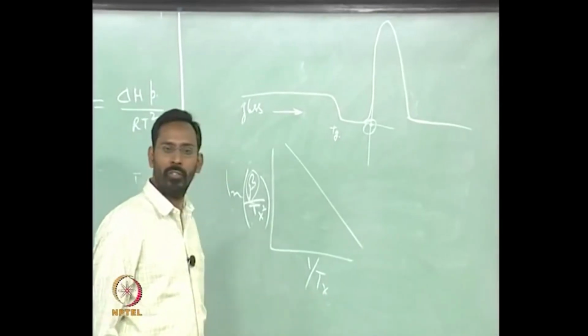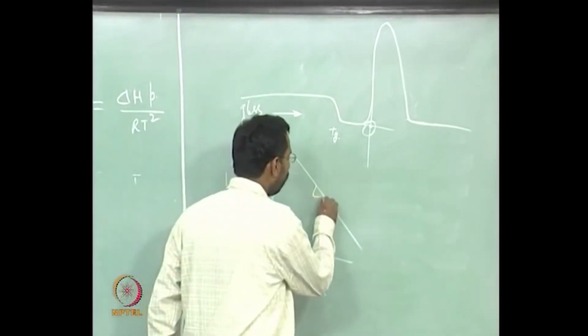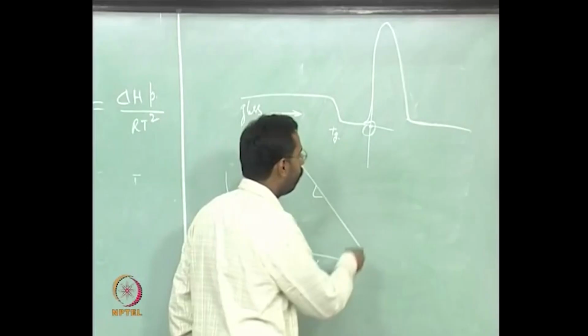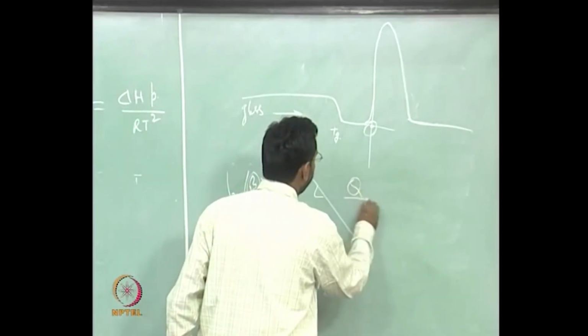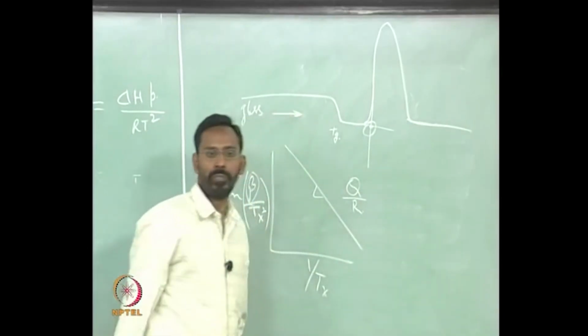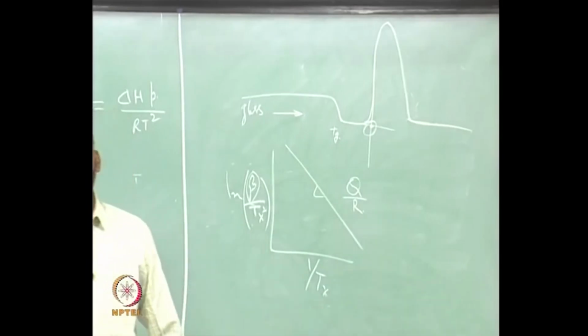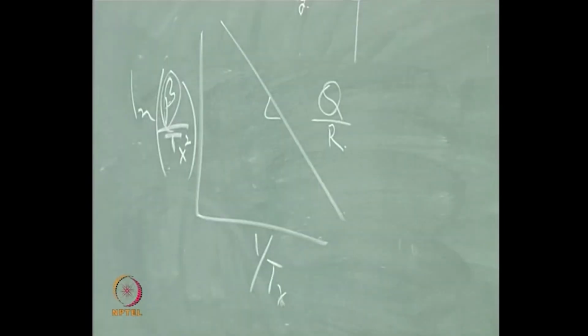The slope of it can be taken as Q by R, where Q is the activation barrier, exactly similar to what we did a few minutes back for vaporization, where we plotted ln P versus 1/T.